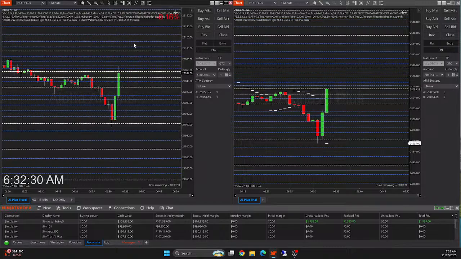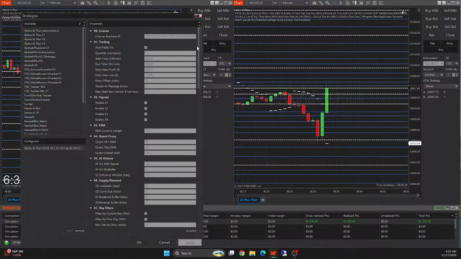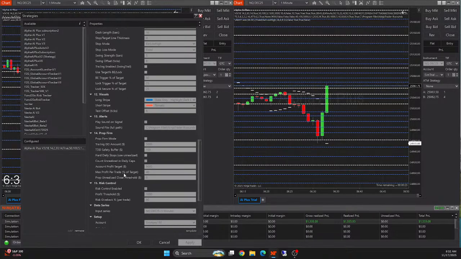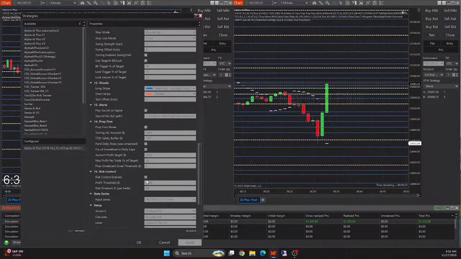Also, a very important thing we add too is the percentage of giveaway profit. So this one here, risk control, profit threshold, risk give back, which means if you add, let's say $1,000 here as the profit threshold, and then how much percentage you want to give away from your profit.